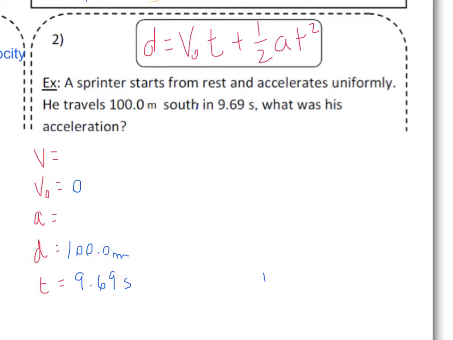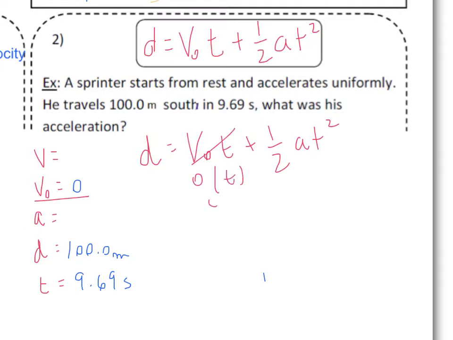So we're going to plug that into this equation. d equals vot plus 1/2 at squared. Since v initial is 0, that means 0 times time is just 0. So we can erase that, and we're left with d equals 1/2 at squared.